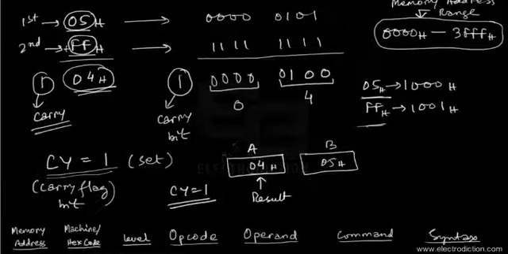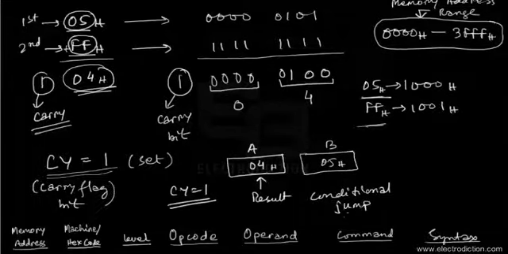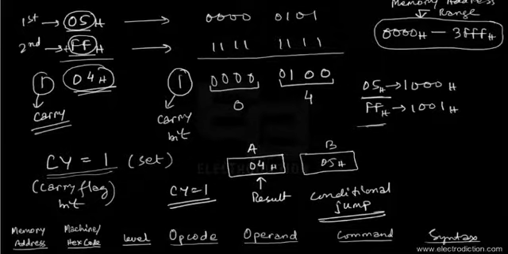We need to monitor the carry flag at this particular moment, whether a carry bit is being generated or not. In order to do that, we are going to be using a conditional jump instruction.